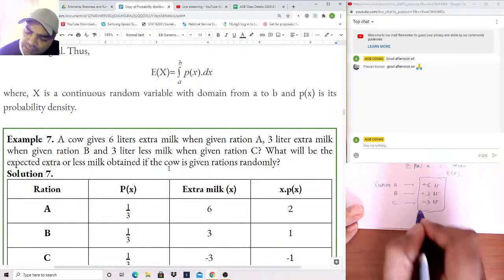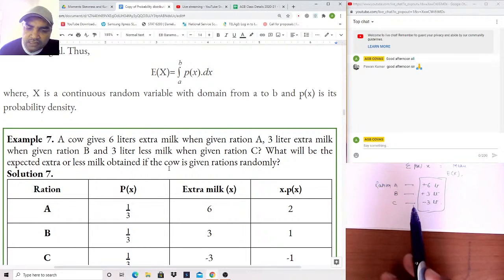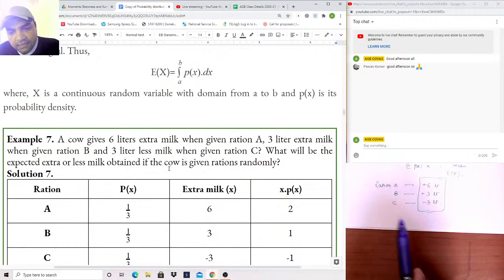Whatever the base may be, say 10 liters on average, by introducing these rations it was either giving more or less. What they are asking is: what will be the expected extra or less milk obtained if the cow is given rations randomly?